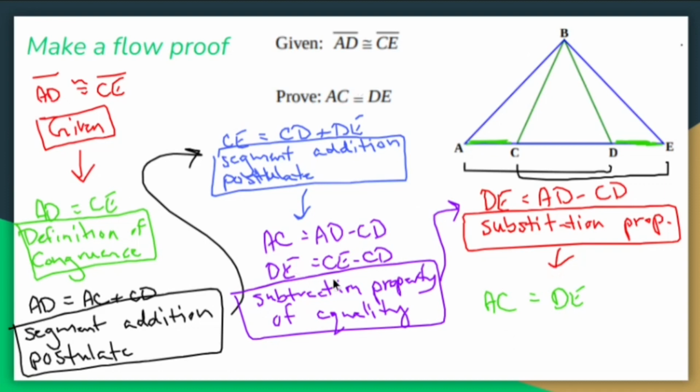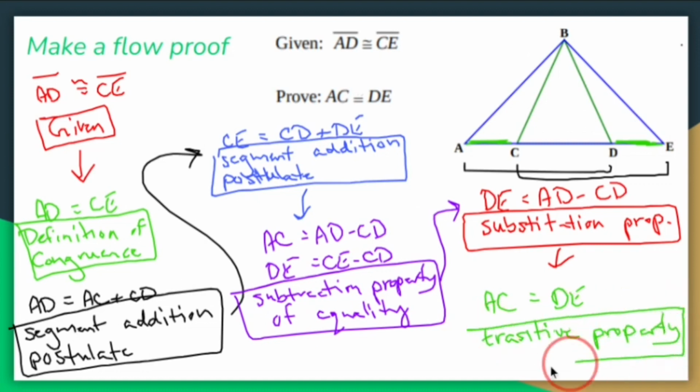I could use the substitution property, but I haven't used the transitive property yet today. By the way, the transitive property says that if A equals B and C equals B, then A equals C. That's the transitive property. So that works here. Transitive property of equality. I am done my flow proof.